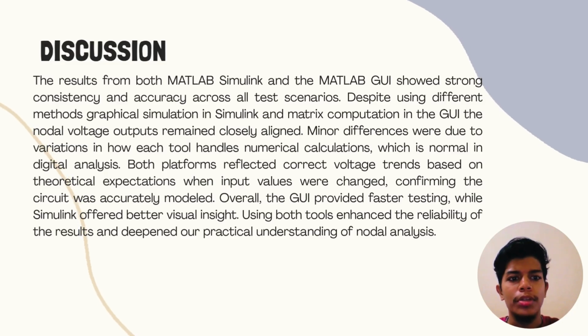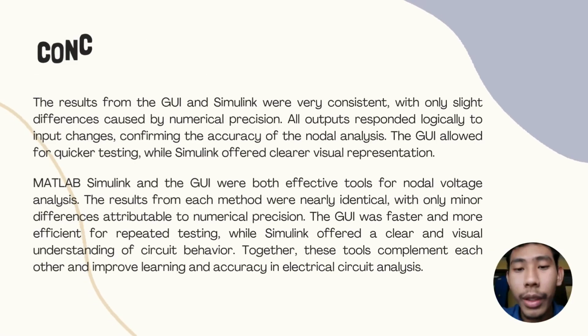More importantly, both tools show the correct voltage trend when we change the input values, which means the circuit was modeled correctly. Overall, the GUI made testing faster and easier, while Simulink gave us better visual understanding of how the circuit behaves. By using both tools together, we improve the reliability of our results and gain a better practical understanding of nodal analysis.